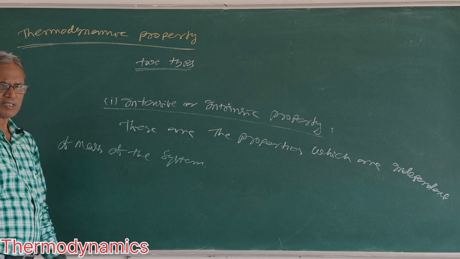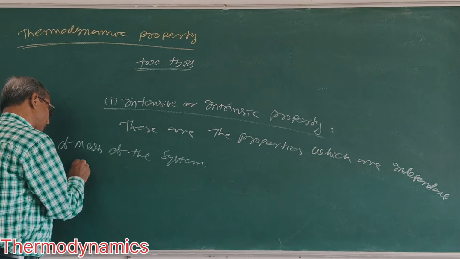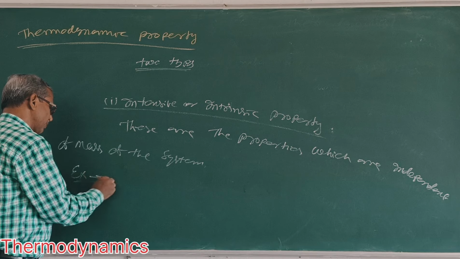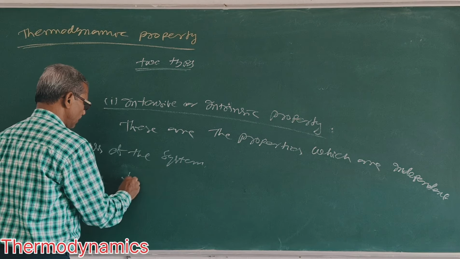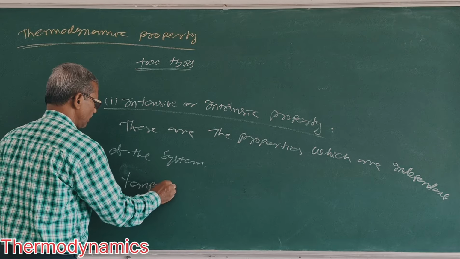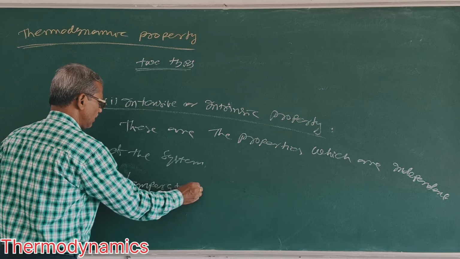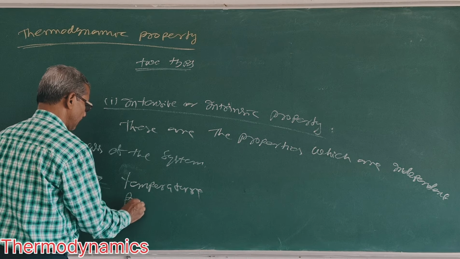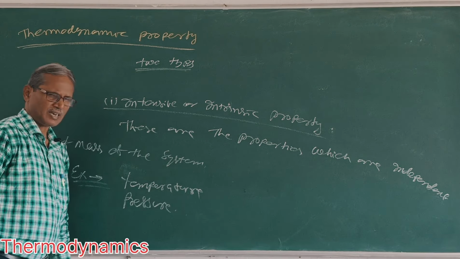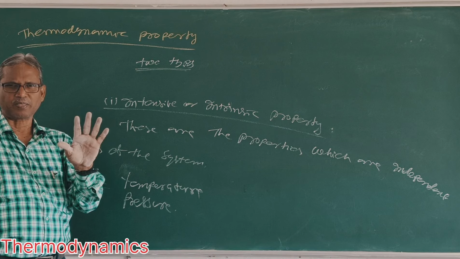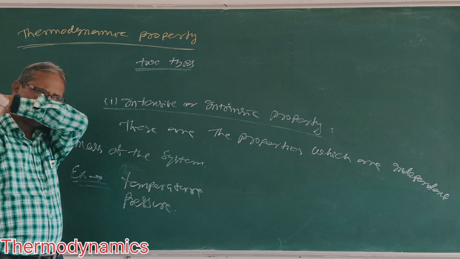Clear? Independent of mass. For example, temperature, pressure. Clear? These are intensive properties because when the mass increases or decreases, the temperature will not be affected, nor the pressure.